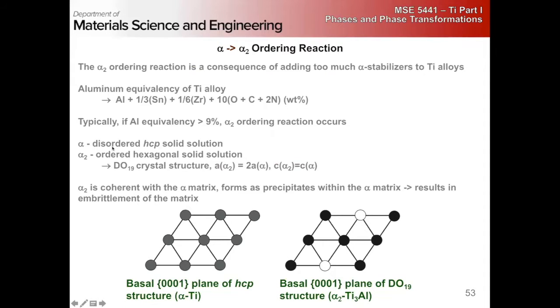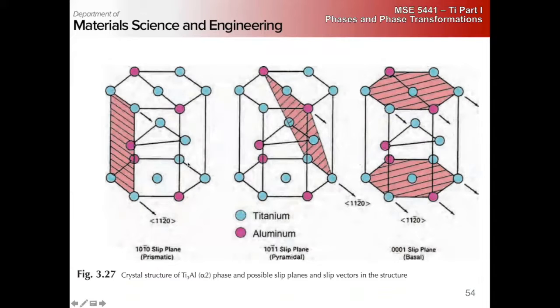Okay. And then this just shows that essentially the slip systems in the titanium aluminide are going to be the same for both prismatic and basal, but the pyramidal, right, it's not going to slip this way, right?